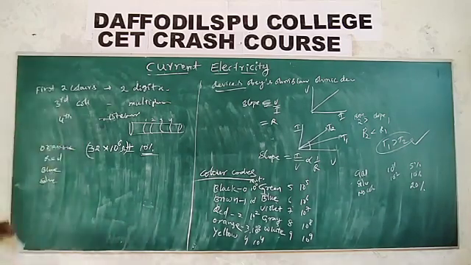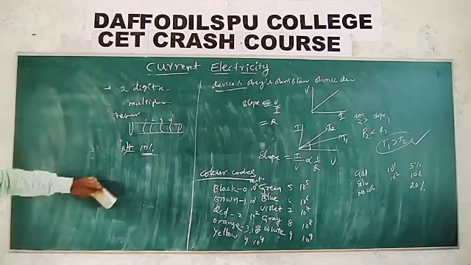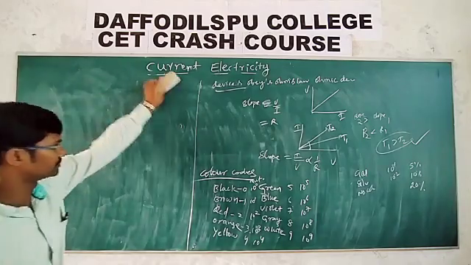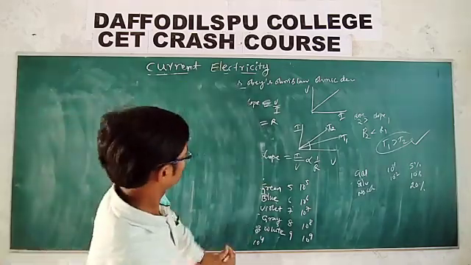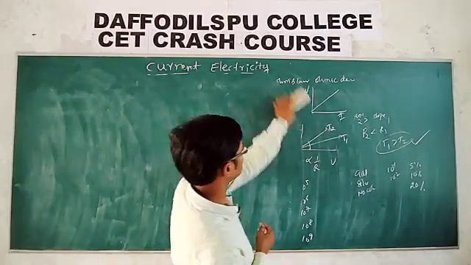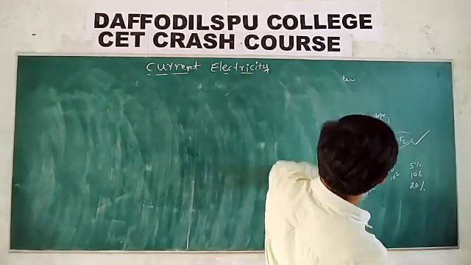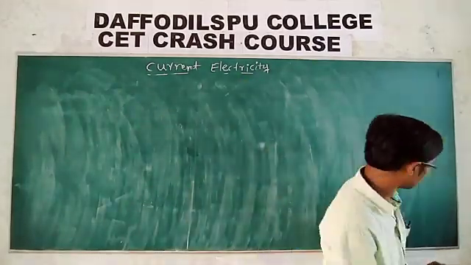Then what will be the combination of the resistors in series and parallel? When we connect the resistors in series combination, what happens to the equivalent resistance?